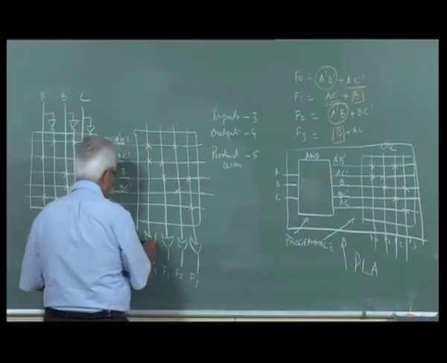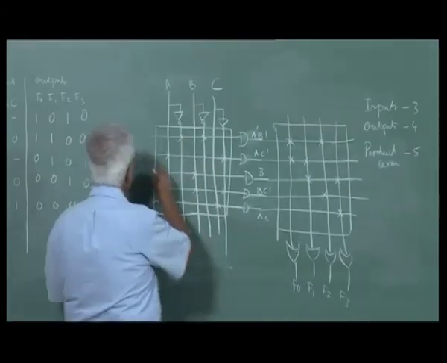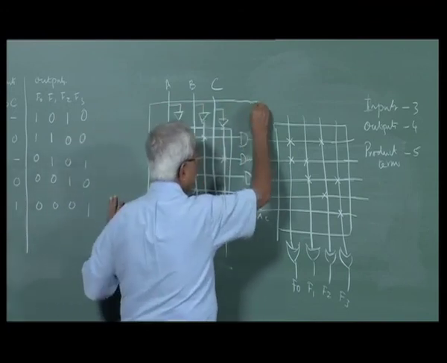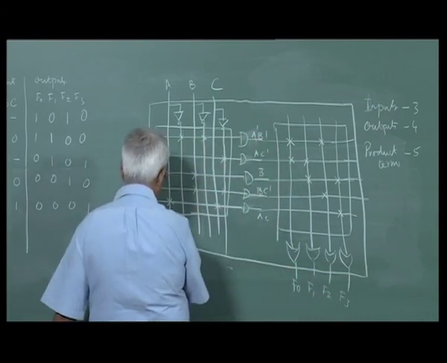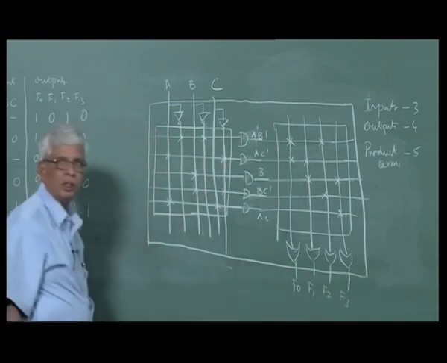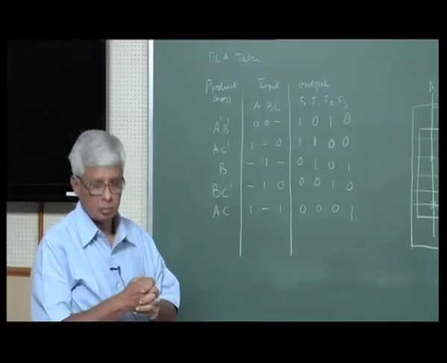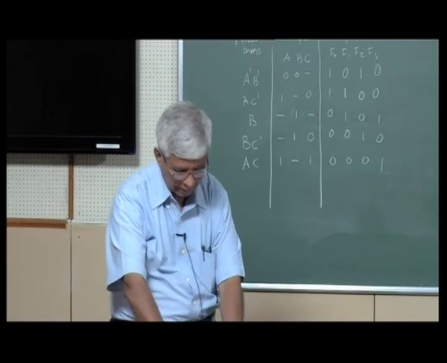This OR symbol represents an OR array, this AND symbol represents an AND array. As I said, this is the same thing, it is not new. What we drew earlier and this is not different, except that this is more elaborate. That is all. In the textbook you will see like this. We will have one more exercise on this.